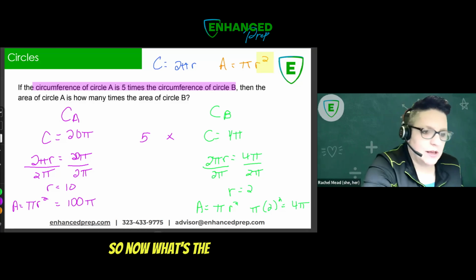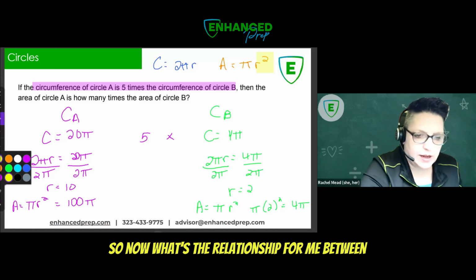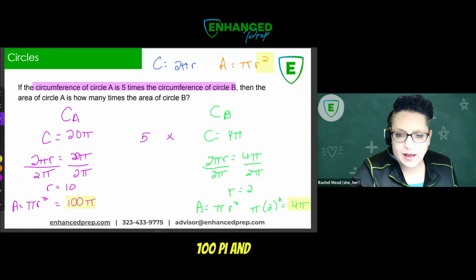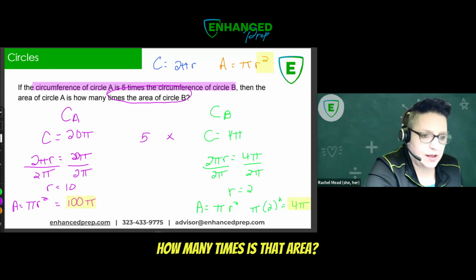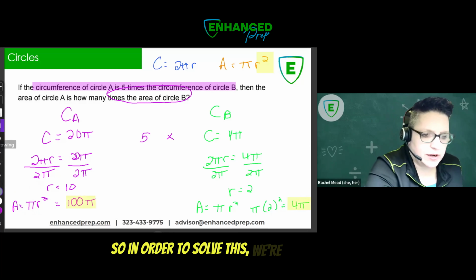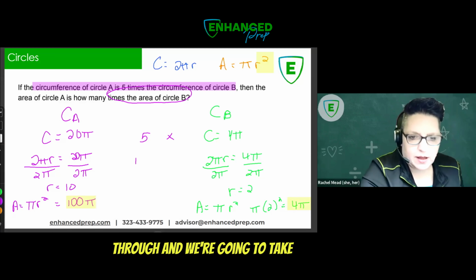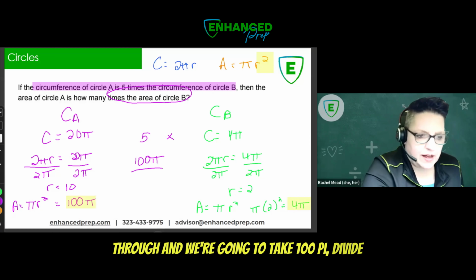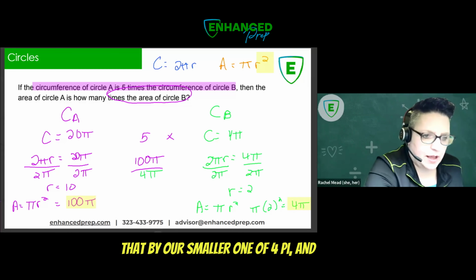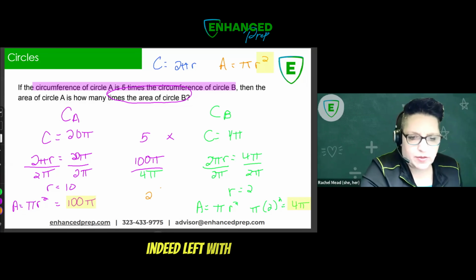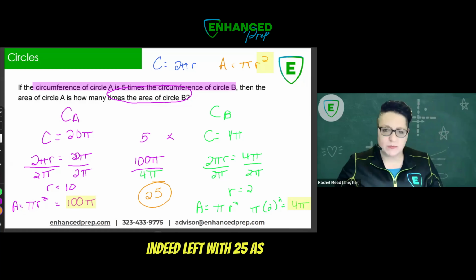So now what's the relationship for me between 100 pi and 4 pi? How many times is that area? So in order to solve this, we're going to take 100 pi, divide that by our smaller one of 4 pi, and we are indeed left with 25 as my answer.